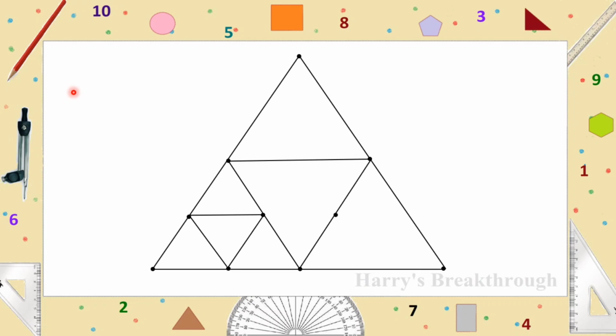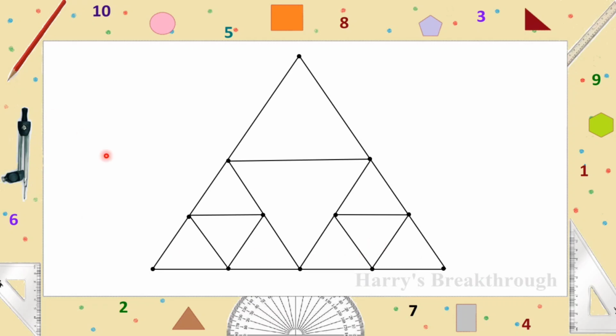Like this, mark the midpoints of the other sides of the triangle. Now we have marked a point at the middle of each side of this triangle. And then you have to join these 3 points. Then you got another triangle and you divided this triangle into 4 small triangles.